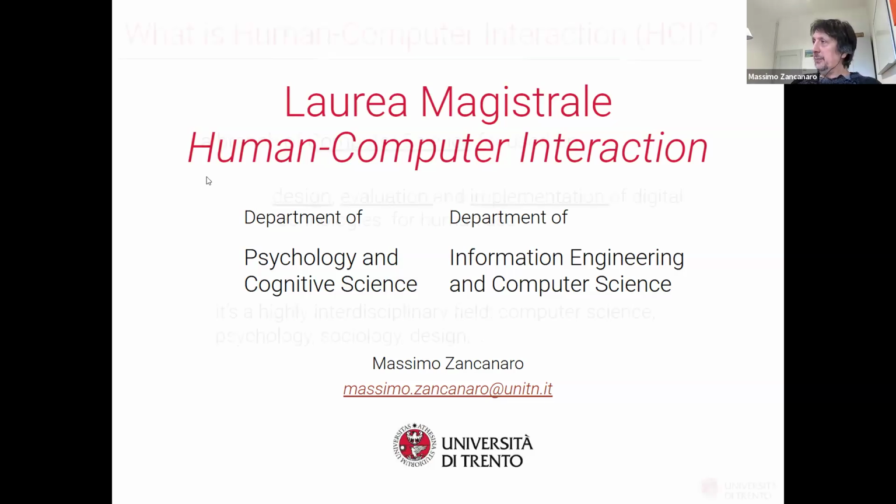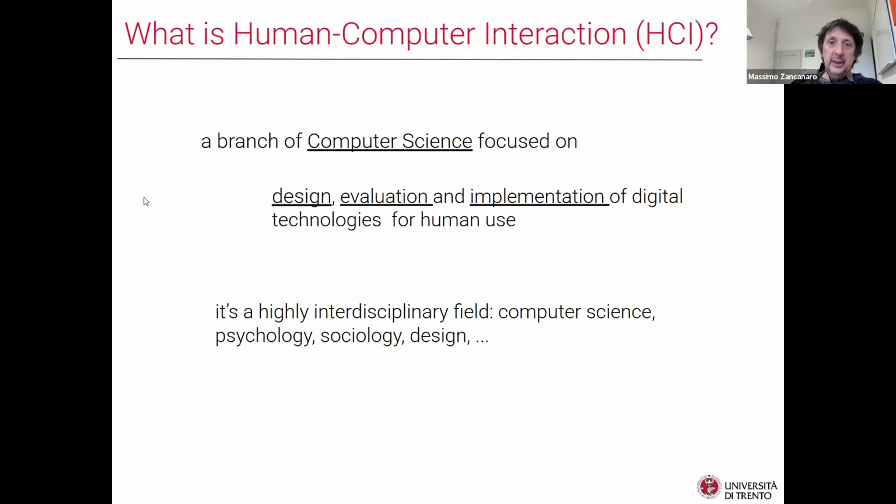As you know, human-computer interaction is a branch of computer science traditionally, but the focus on this part of computer science is on the design, evaluation, and implementation of digital technologies for human use. But traditionally, since the 1980s, more or less, it is a highly interdisciplinary field between computer science, but also psychology, sociology, and design.